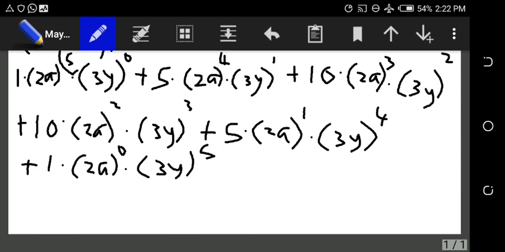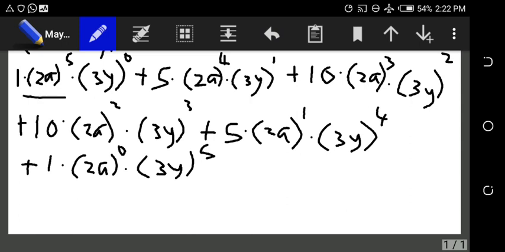Alright, now considering (2a) raised to power 5, remember your laws of indices. The power, the index value affects everything inside the bracket. So that is saying 2 raised to power 5 times a raised to power 5. Okay, so the 5 will affect both the 2 and the a inside the bracket. And you know that 2 raised to power 5, that is 2 times 2 times 2 times 2 times 2, that's 32.